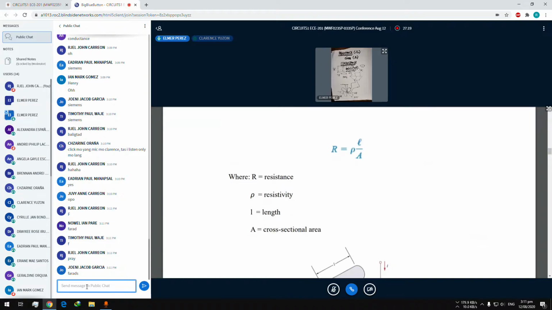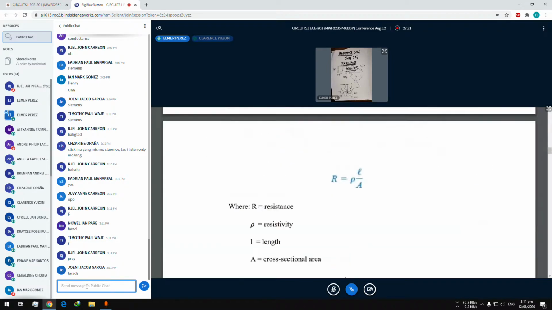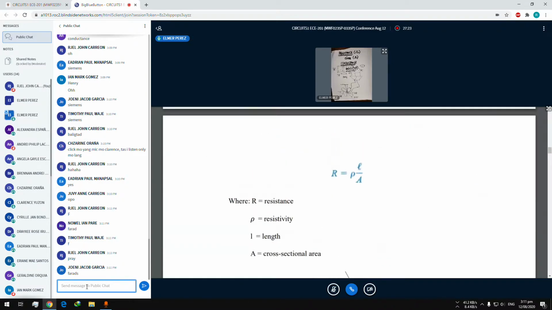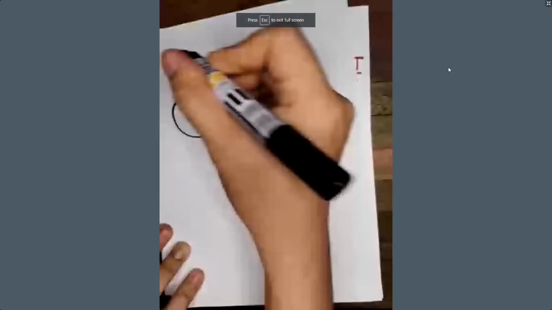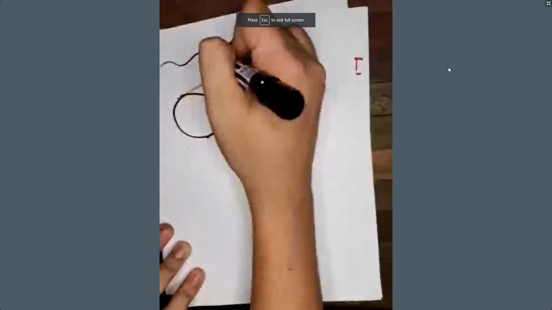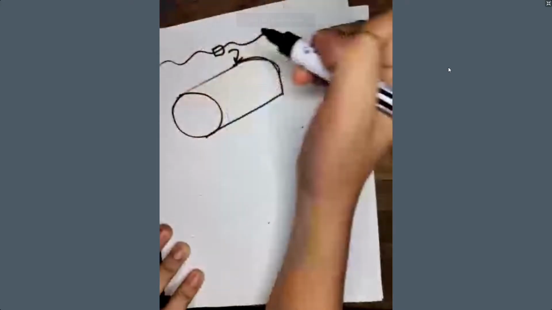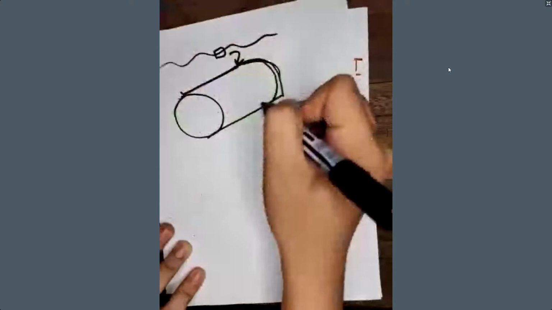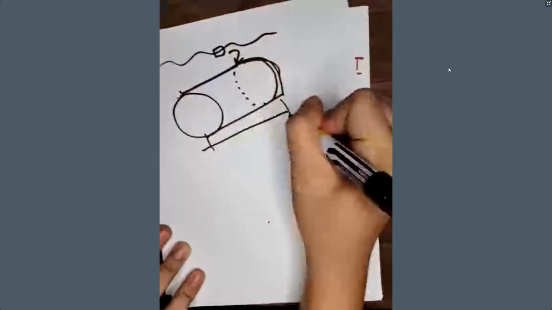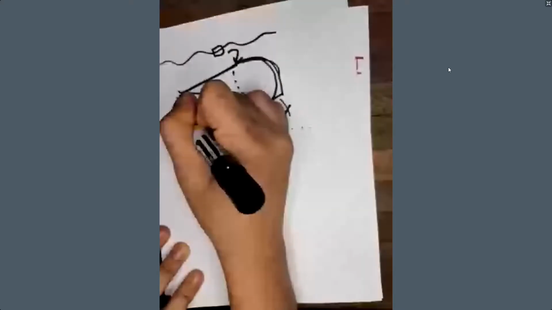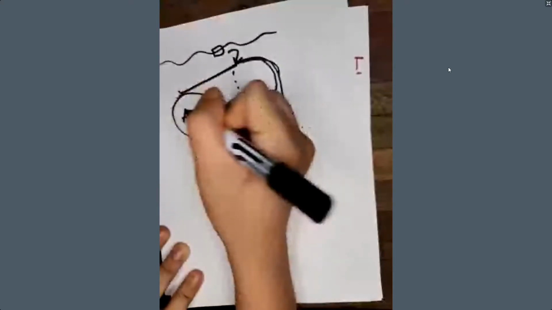Now, let's go to resistance and resistivity. If we are given a conductor, say a cylindrical conductor, and I take a portion of it, this is what it looks like. It has a length and a cross-sectional area.